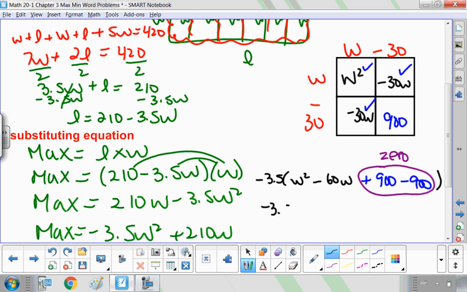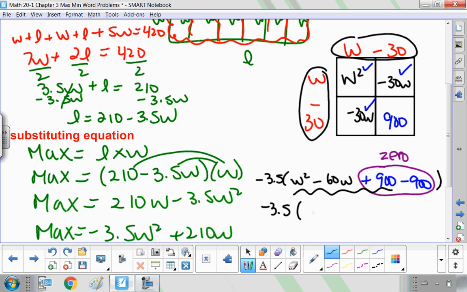So I have negative 3.5 on the outside, and let's complete the square of our perfect square trinomial, which from the grid I know factors as W minus 30 times W minus 30, or W minus 30 squared. And to finish this off, I just have to do negative 3.5 times negative 900, that comes out.